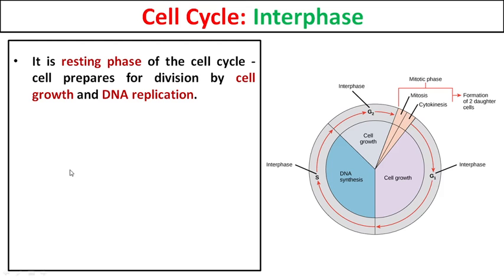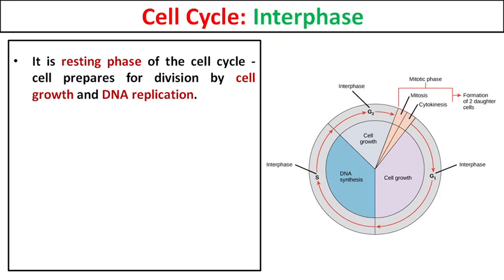Interphase is the resting phase of the cell cycle. Here the cell is at rest. Actually, it is not really at rest, because it is undergoing a lot of metabolism and growth.